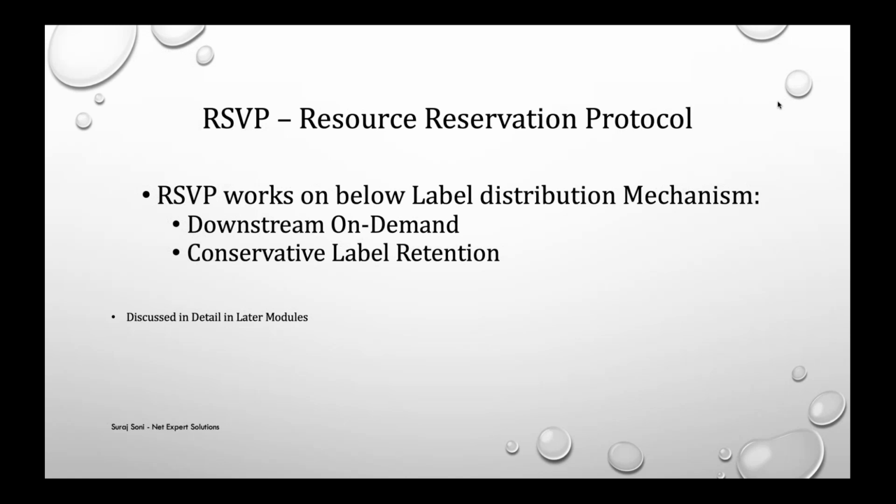Because for the outgoing label there will be only one best path, right? If I am receiving two labels from two different neighbors, there should be only one best path for outgoing, so I will use whatever is the best. Whether it's the same value or not hardly matters, because I have the appropriate outgoing interface also.